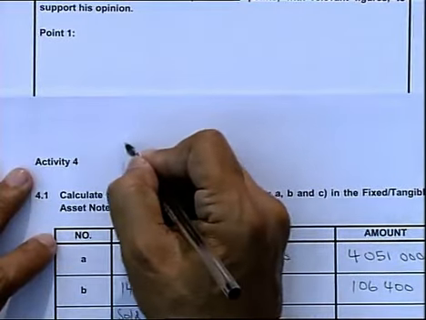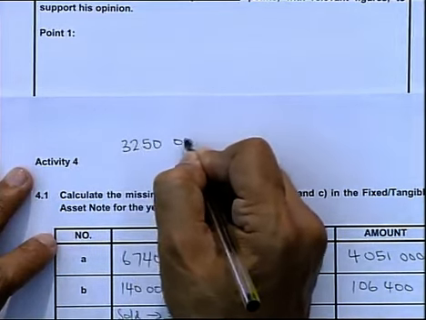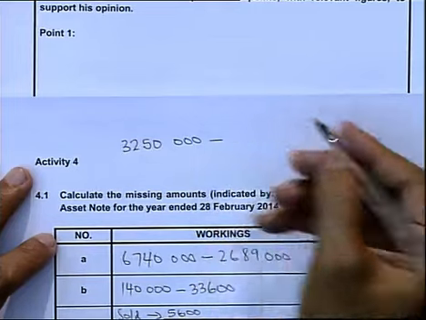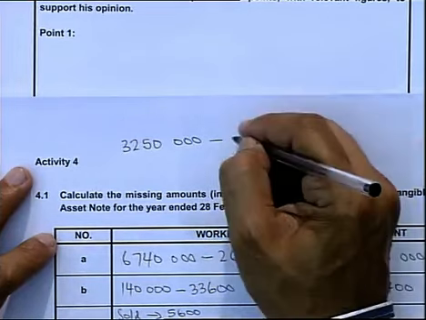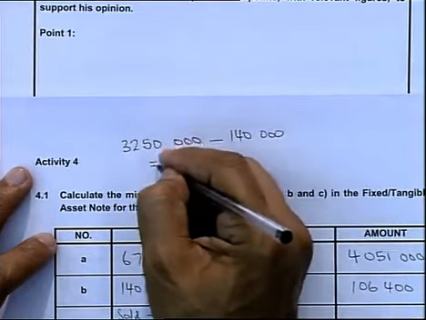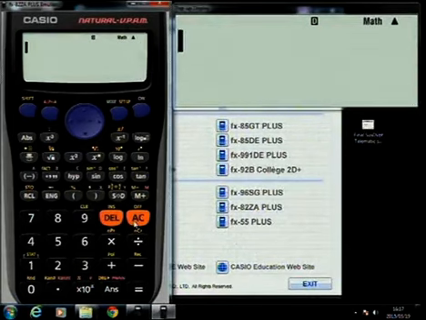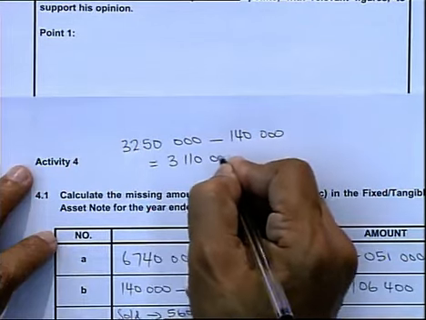Remember the cost price given was 3,250,000 minus the cost price of the vehicle that we are selling, which was 140,000. So the cost price of the vehicles that are remaining will be 3,110,000.